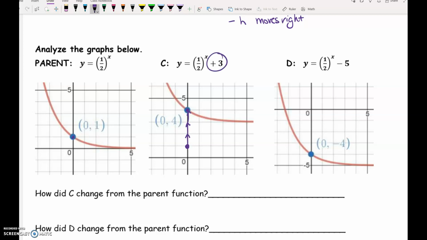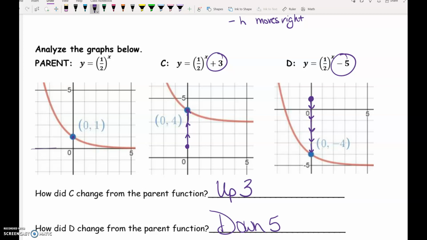So it has moved up 1, 2, 3 units. This +3 means up 3. This -5 is taking the original point, which was here, 1, 2, 3, 4, 5 units down. So D has been moved down 5. So the plus or minus after the exponent term moves that graph up or down. It's honestly easier to look at what's called the asymptote. We're going to talk about the asymptote in a minute.